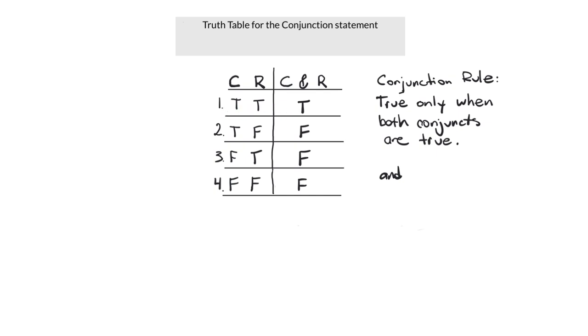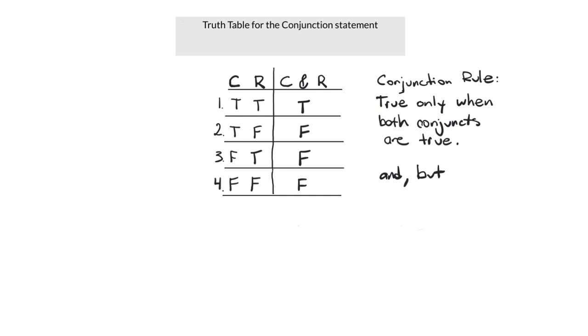So it makes sense with an and, but it also makes sense with the word but. A but does the same logical work as an and. It just seems to make some sort of a contrast. So if I said it's cold but it's raining, it seems like cold and raining don't somehow go together very often. So the word but is doing some sort of distinction there.